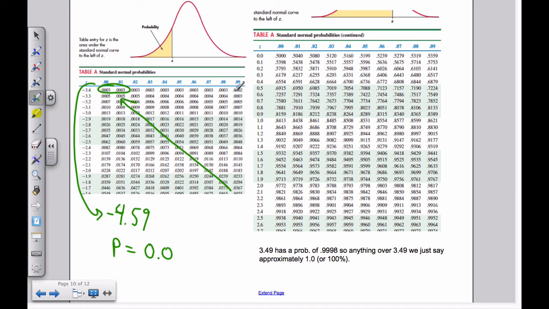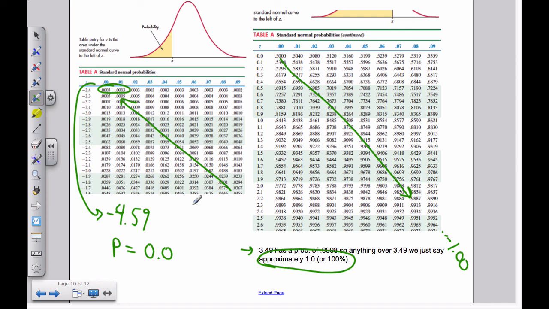Same thing on the upper end. Notice we start at the 50th percentile. As we go with positive numbers, we go further to the right, getting closer and closer till it's 1.00. So anything that's 3.49 has a 0.9998 probability. So anything over that, we just say is approximately 1 or 100%. So don't let that throw you off. You go, well, it's not on the table.